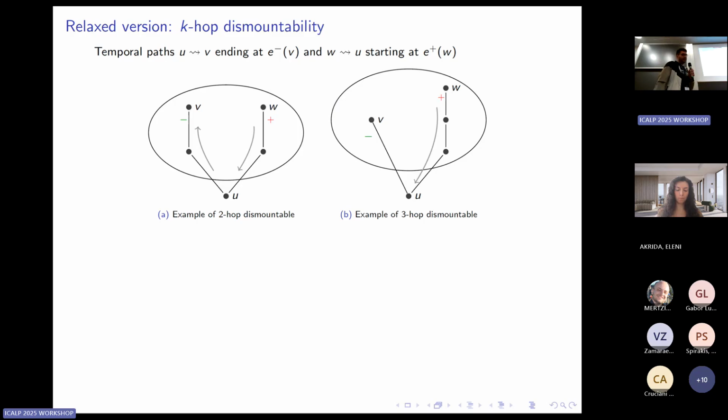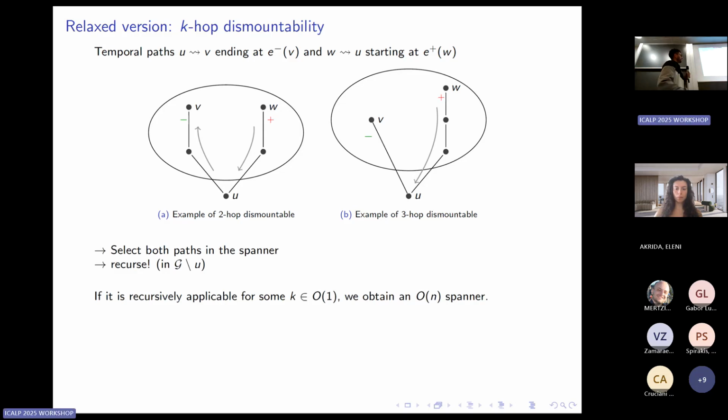So in this definition, we'll say that a vertex U is dismountable if there exists a path from U to V ending with the minimum edge of V, and another path from a vertex W to U starting with the maximum edge of W.